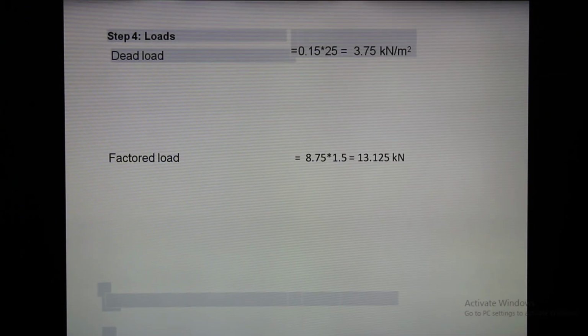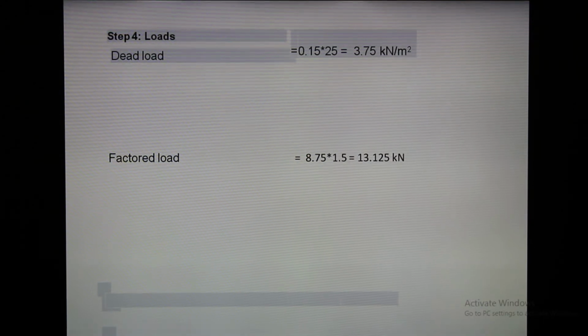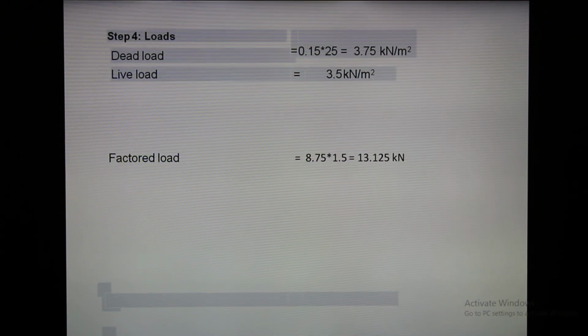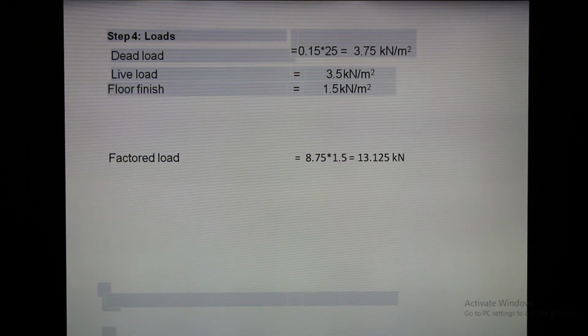Dead load: we are assuming the overall depth is 150 mm, that is 0.15. So dead load is 0.15 times 25, that is 3.75 kN per meter square. Live load 3.5 kN per meter square. Floor finish is 1.5 kN per meter square. Total load is 8.75.